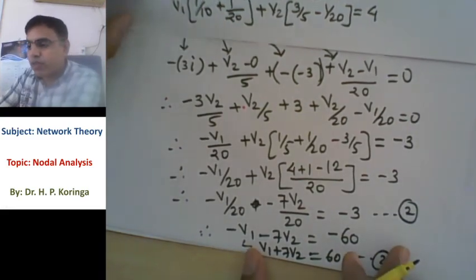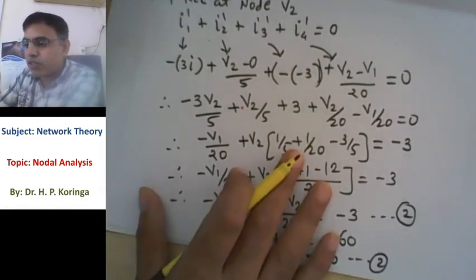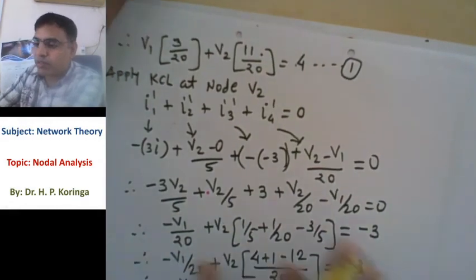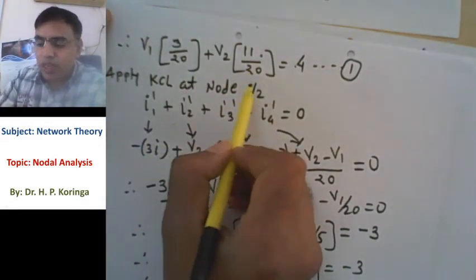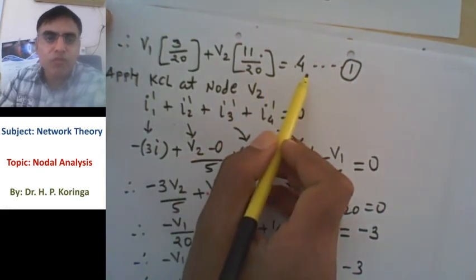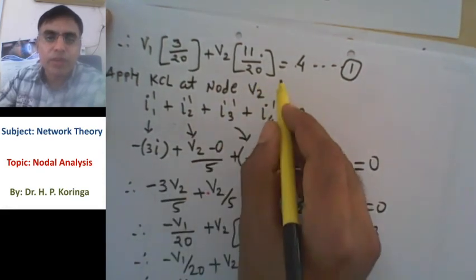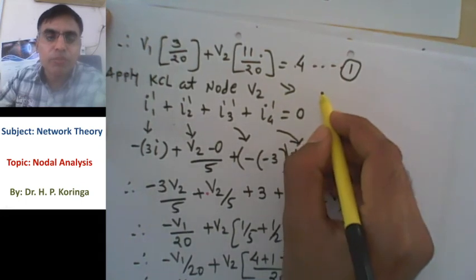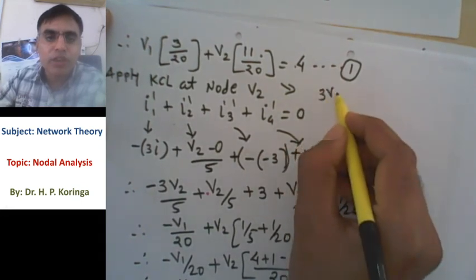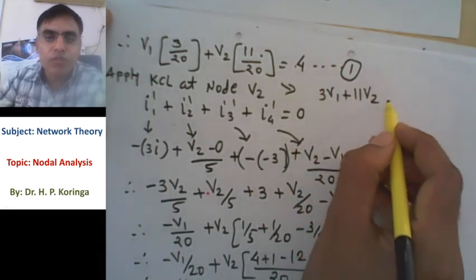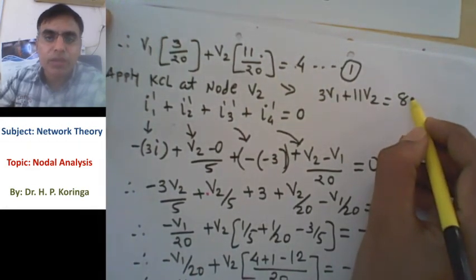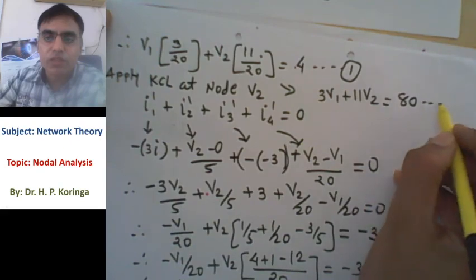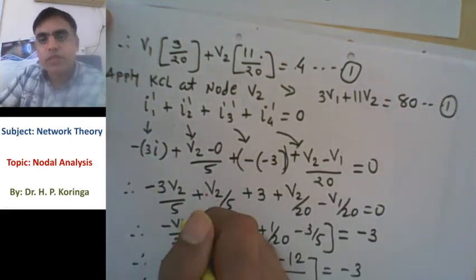And what is our first equation? Our first equation is 3 divided by 20 V1 plus 11 divided by 20 V2 is equal to 4. Again we can multiply here and make it simpler. It is 3 V1 plus 11 V2 is equal to 20 multiplied by 4, which is 80. This is our first equation.